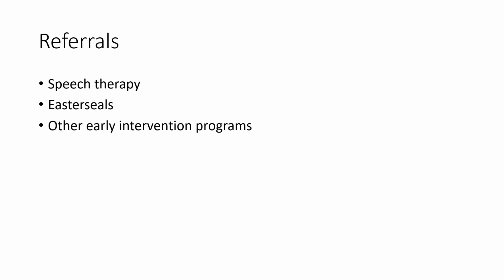It's not necessarily a reason to send them to early intervention for that. Just some things to educate parents on further. A lot of times, speech therapy, Easter Seals, and other early intervention programs are typically utilized for pretty significant abnormalities that you've noted with milestones and other concerns that the parents may have.